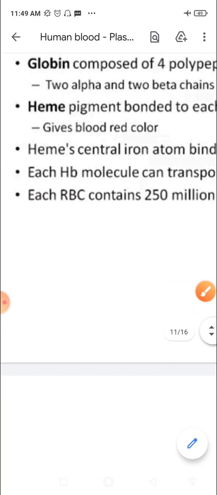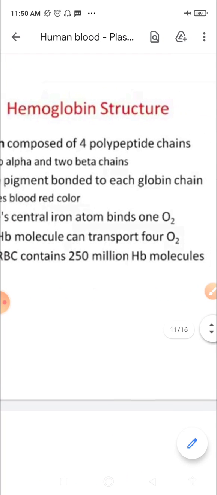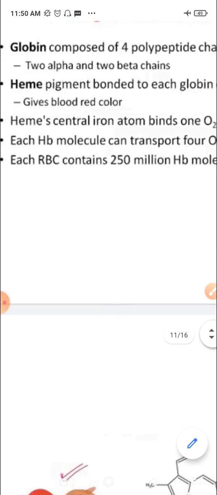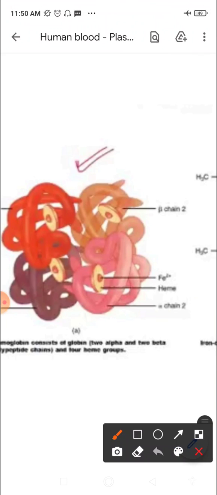Next it says here, heme central iron atom binds 1 oxygen. So if we again look at this structure, 4 heme, this is the central iron atom. It binds 4 oxygen atoms.